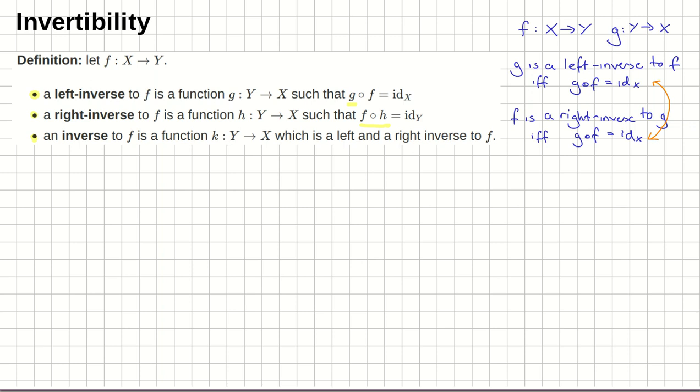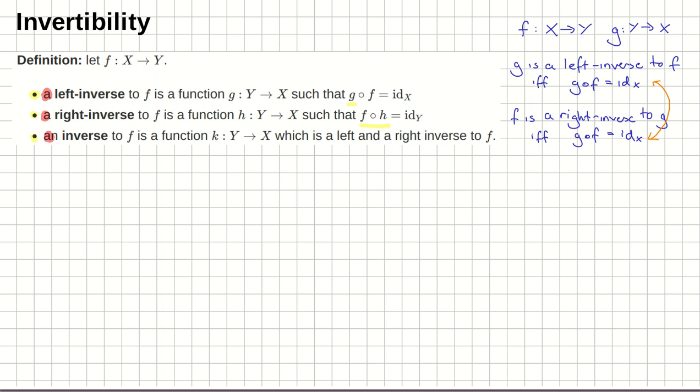Let's make another comment about this definition: look at the articles we're using here. A left inverse, a right inverse, an inverse. The reason I say a left inverse and a right inverse, not the left inverse and the right inverse, is because a given function, if it has a left inverse, may have more than one left inverse.